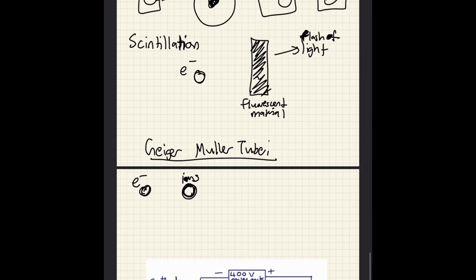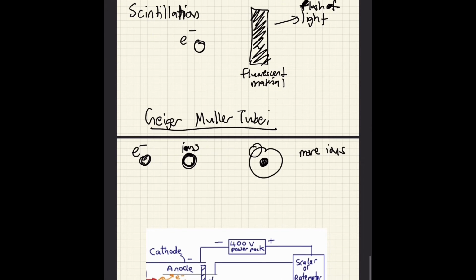And so these charged particles can ionize more atoms, releasing more ions and more electrons. So you get an avalanche effect, basically. And so you get lots of ions and lots of electrons, and lots and lots of charge.